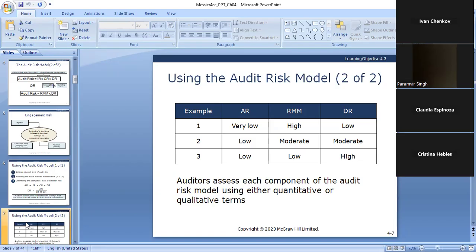We're saying that we don't have to do many procedures because we are already comfortable with everything that the company is doing to detect those risks at the very first level. So as an auditor, we don't have to put that many procedures in to find out what's going on in the company. So the auditor assesses each component of the audit risk model using either quantitative or qualitative terms.